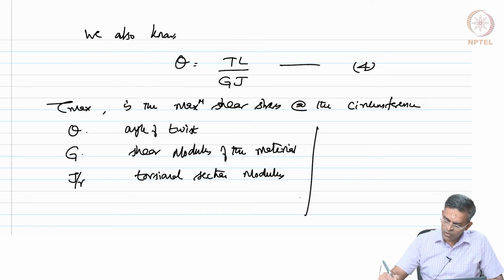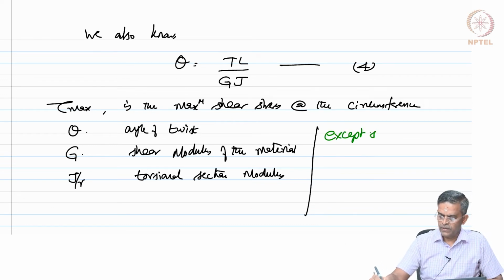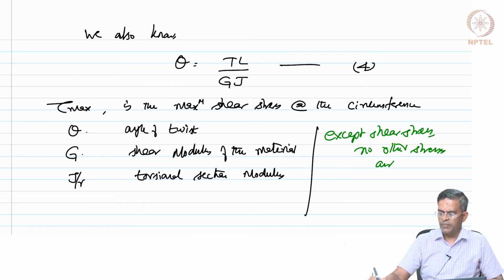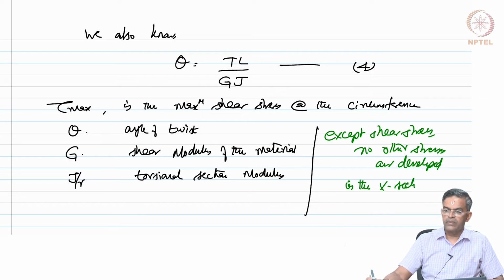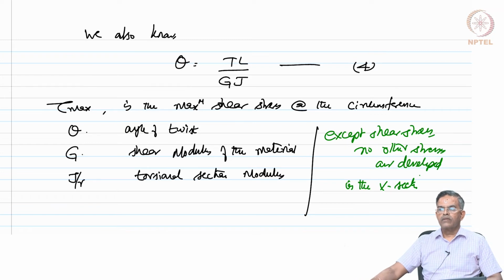It is very important to note, friends, except shear stress, no other stresses are developed in the cross section. Okay, in the cross section. Now, when you look at a member under pure torsion, it enjoys one more benefit.